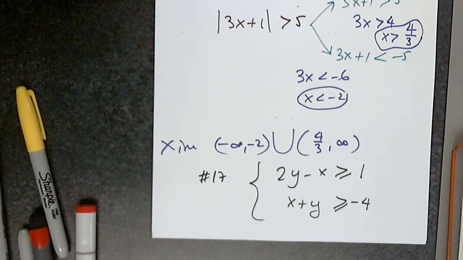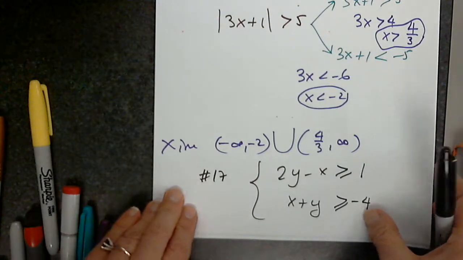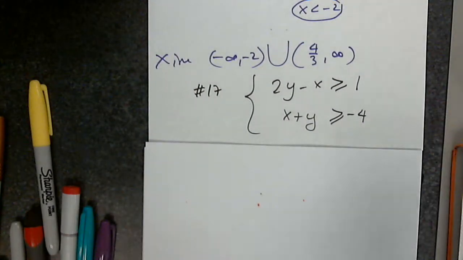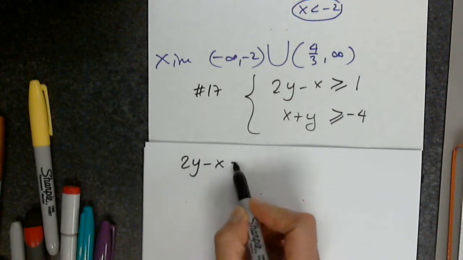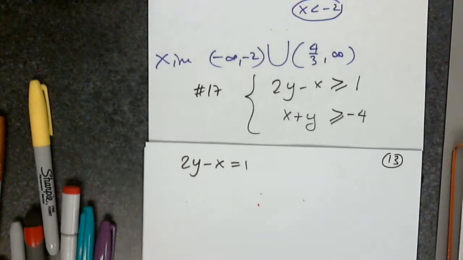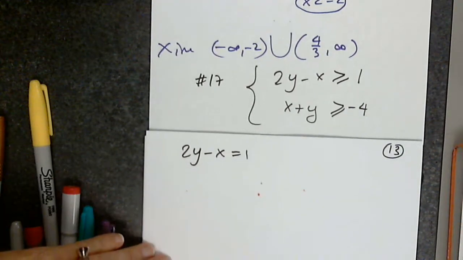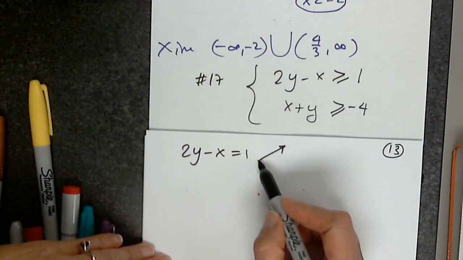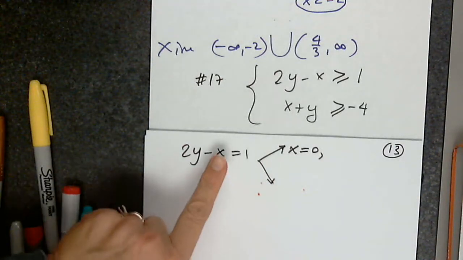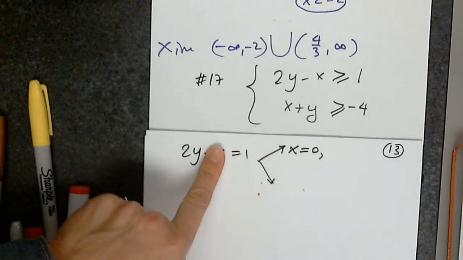So I have to write the equation first. Although I'm not changing the inequality into an equation, I need the equation. So I have to write 2y minus x equals 1. I think I can remove this now. Good. I have to find 2 points. When x is 0, I cover it. How much is y?